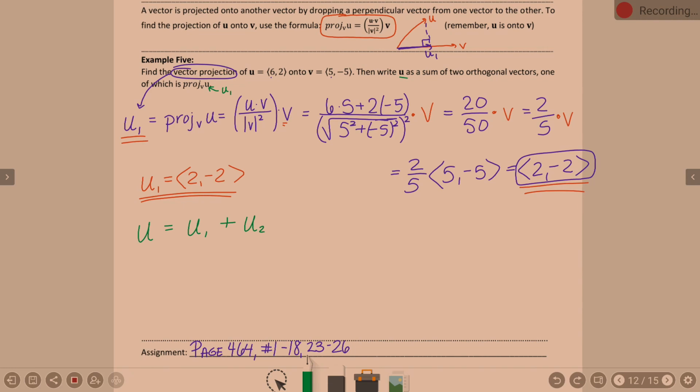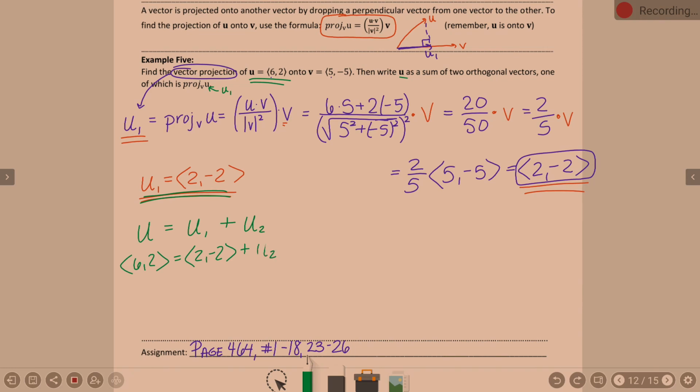Now look at this. Do we know u? What is u? 6, 2. Equals. Do we know u1? Yes. u1 is 2, -2. Plus, do we know u2? No. Not yet.